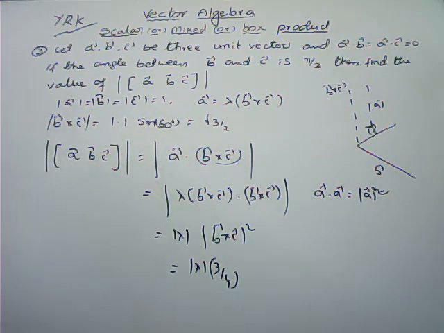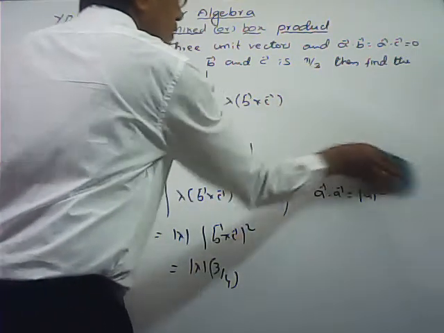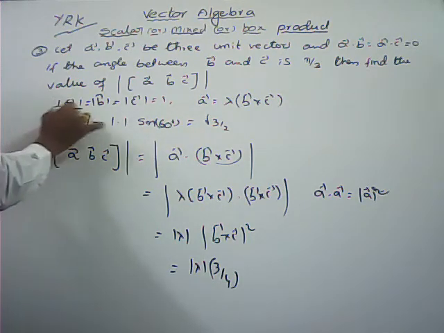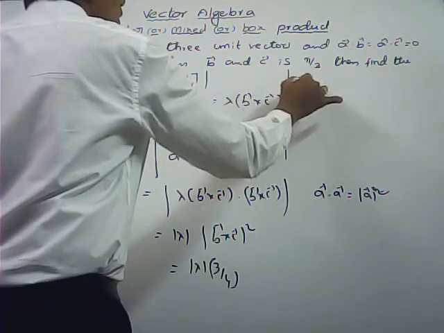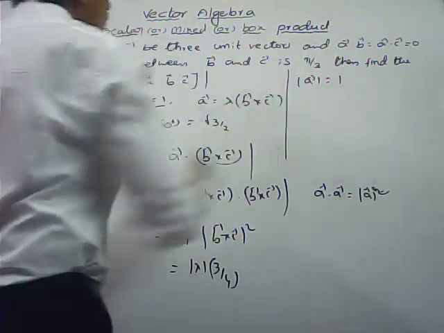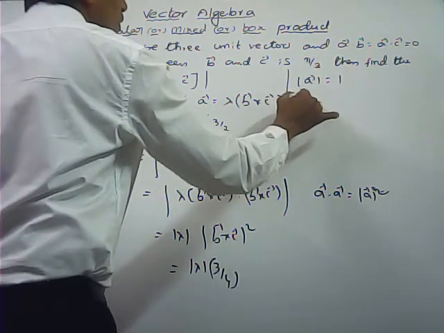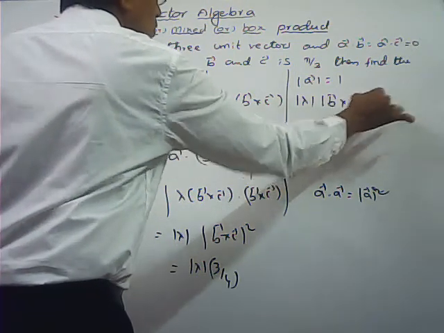Here, how to get the lambda value? Modulus of lambda is there, how to get that one? We know the value of modulus of A bar, that is the unit vector, so modulus of A bar is equal to 1. Modulus of A bar is nothing but modulus of lambda into modulus of B bar cross C bar, equal to 1.